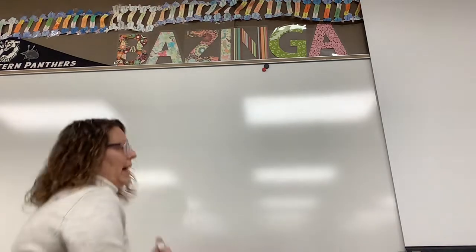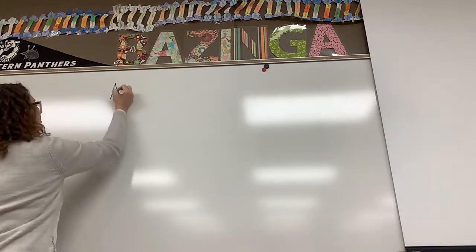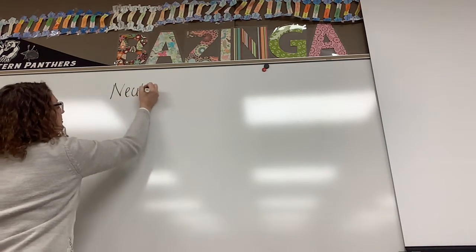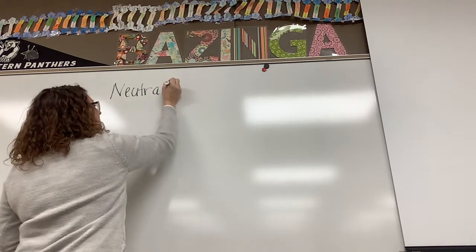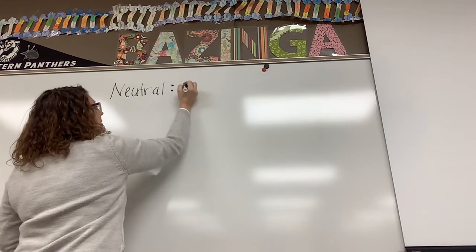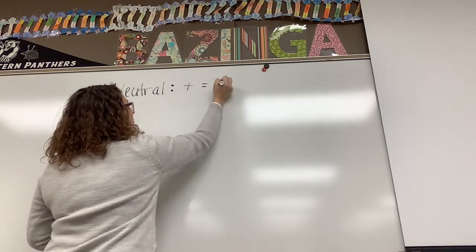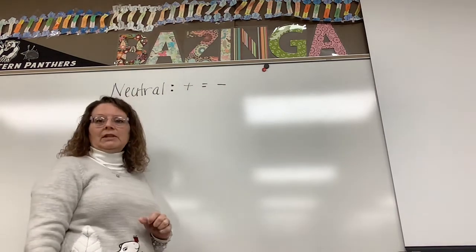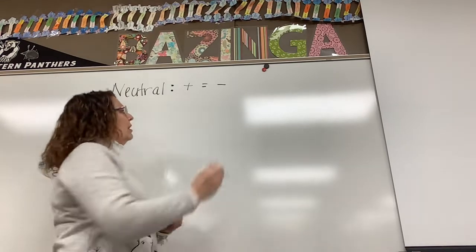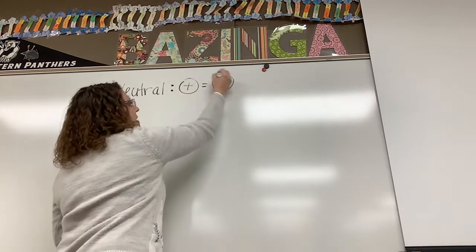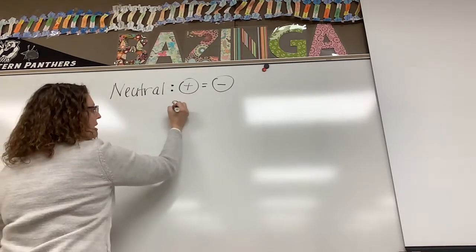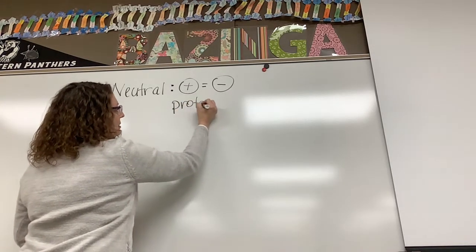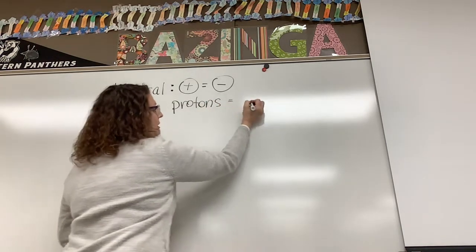So a neutral atom: positives equal negatives. Here, I'll put a circle around this so you can kind of see this. Positives are equal to negatives. So that means protons equal electrons.